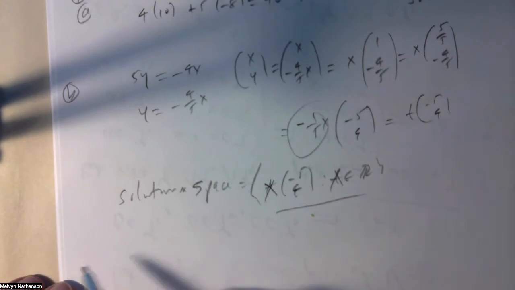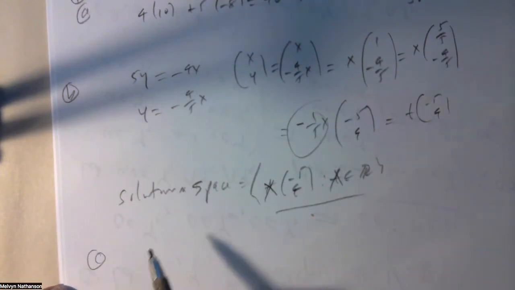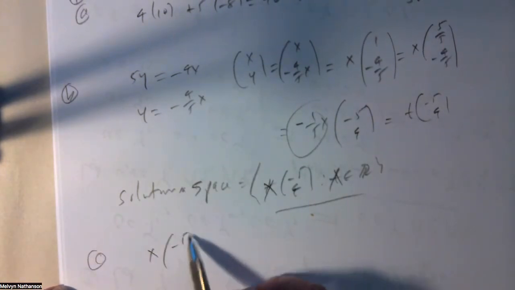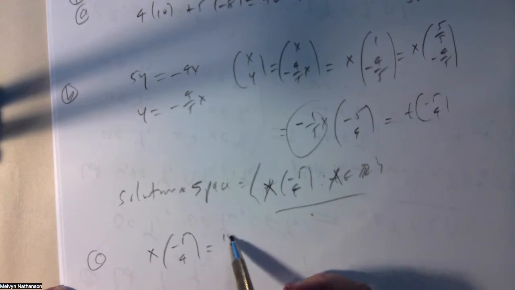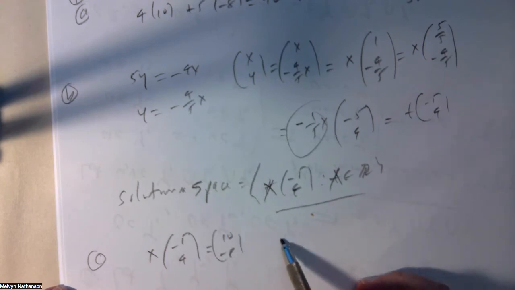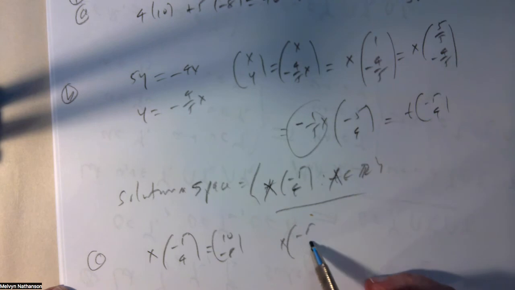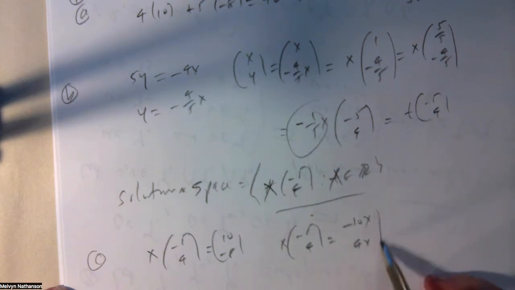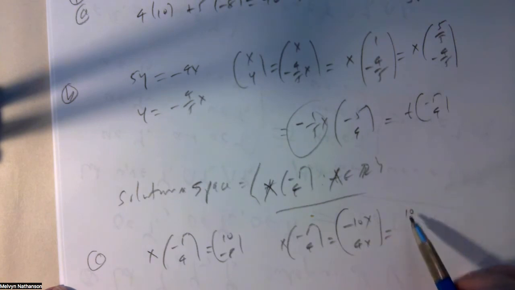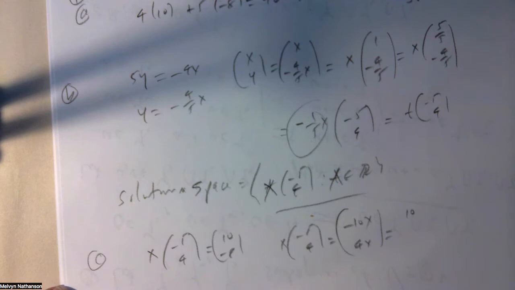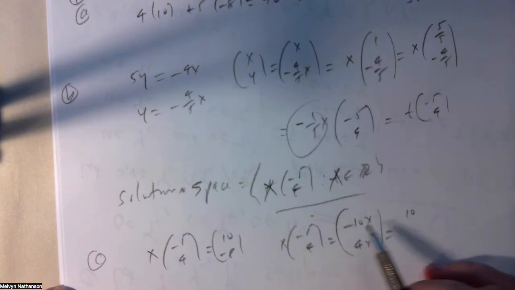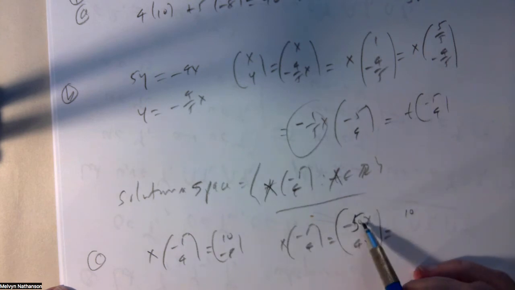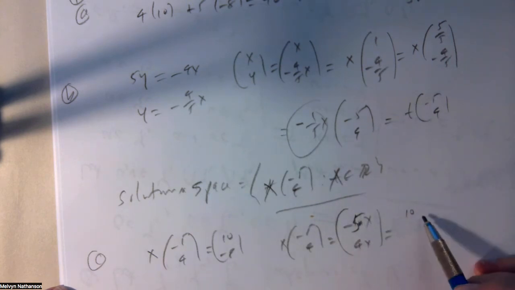For part C, solve the vector equation x times (minus 5, 4) equals (10, minus 8). Well, x times (minus 5, 4) is minus 5x, 4x.